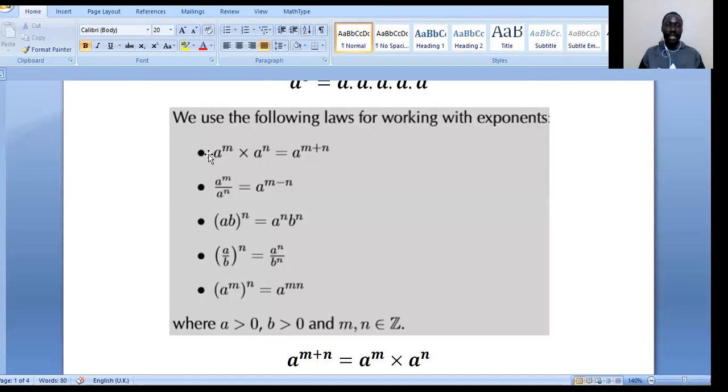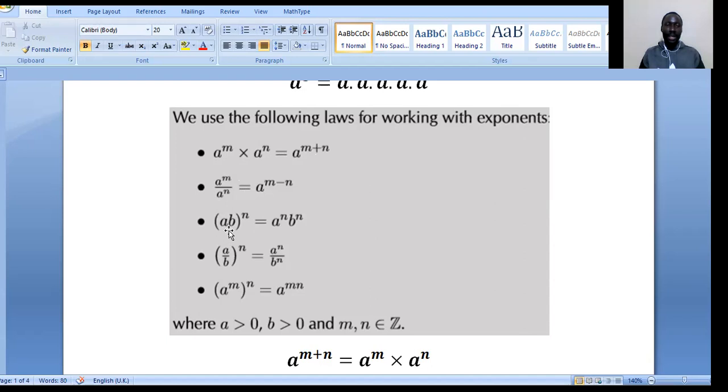These on the screen are the rules of exponents. The first one states that when you multiply two same numbers with different exponents, you can simplify that by adding the exponents. The second one is about dividing two same numbers with different exponents, which you can simplify by subtracting the exponents.